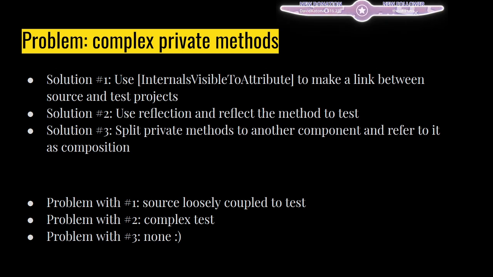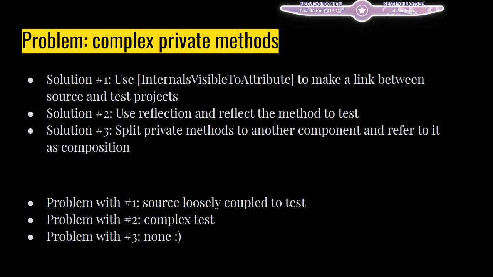You couple the test with your project, and you don't want that. Source code shouldn't be coupled. Another problem with that is that you have a different access modifier than you initially wanted, and the attribute itself. So you pollute your source code with something that shouldn't really affect it.